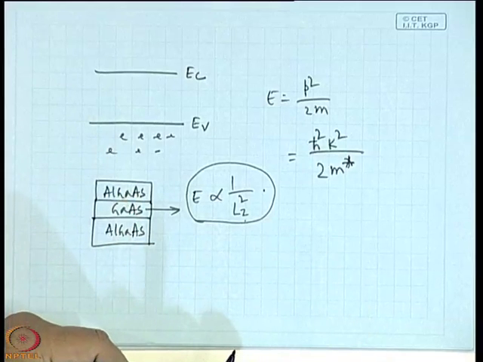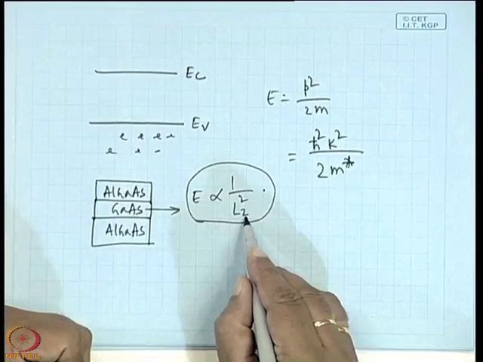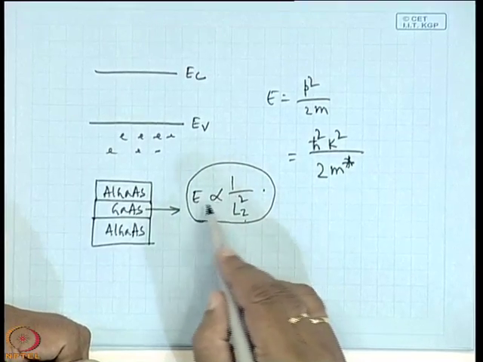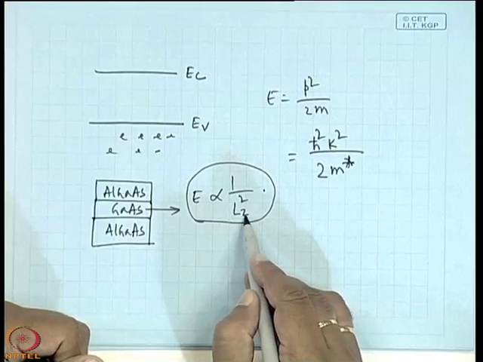Till now, what do we know? We know that the band gap of gallium arsenide is 1.43 electron volt. So, the energy associated with gallium arsenide is 1.43, that is a constant thing. But now you can change the energy of the gallium arsenide by changing the value of Lz.